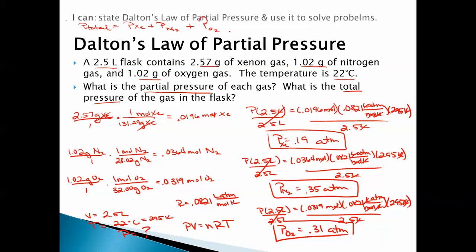And plugging those values in, we plug in 0.19 for xenon, we plug in 0.35 for nitrogen, and we plug in 0.31 for oxygen, which gives us a total pressure then of 0.85 atmospheres. So that would be the answer to your second question.